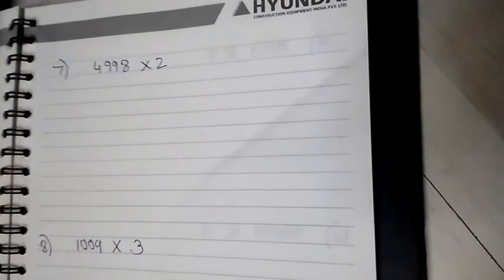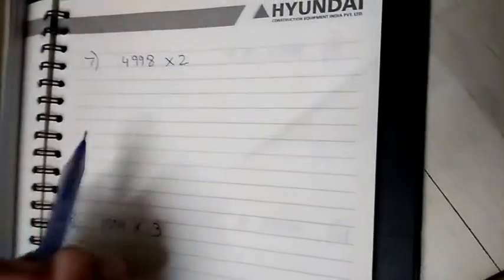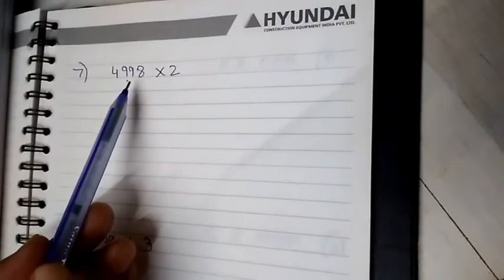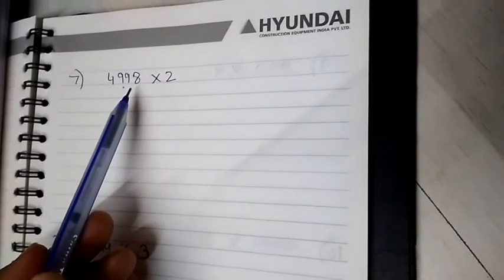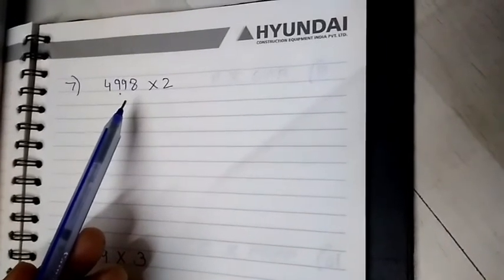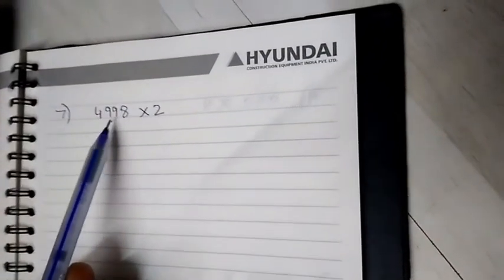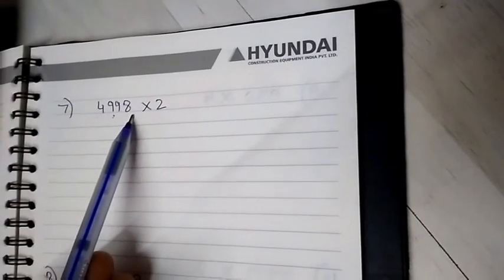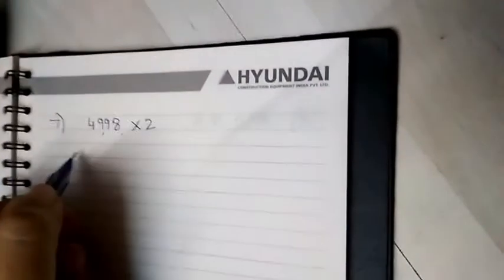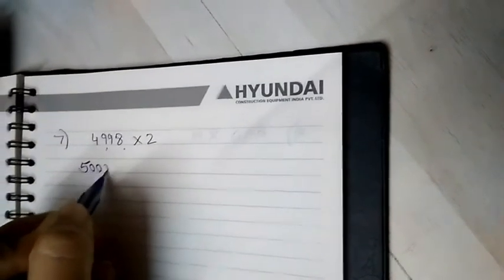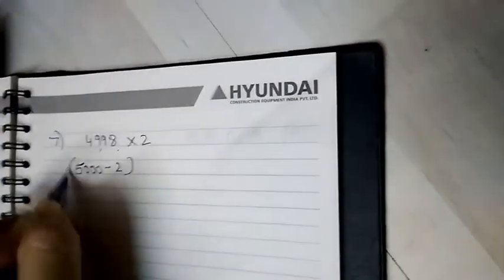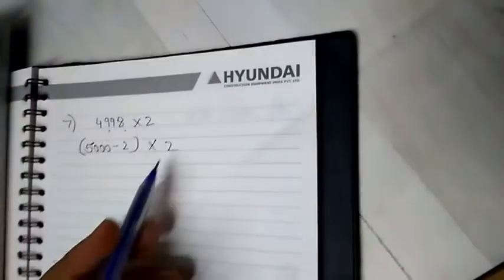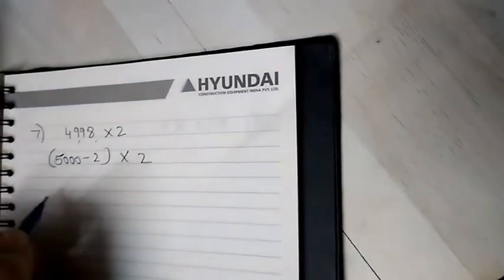Now next one, question number 7. 4998 multiply 2. Now here this number is near to 5000. See, if you are not getting an idea, you can round off the digit. Rounding off you have already learned. So rounding off means this is near to 5000. If you round off this number, it will be 5000. So here 5000 minus 2, you will get this number, multiplied by 2. Now distribute this 2 to both the numbers.